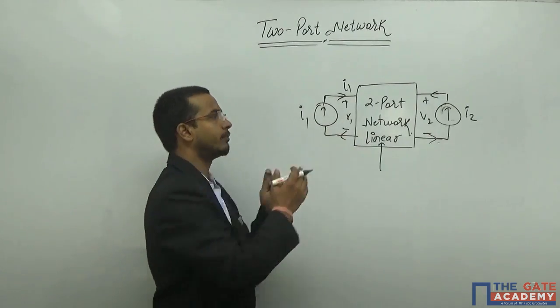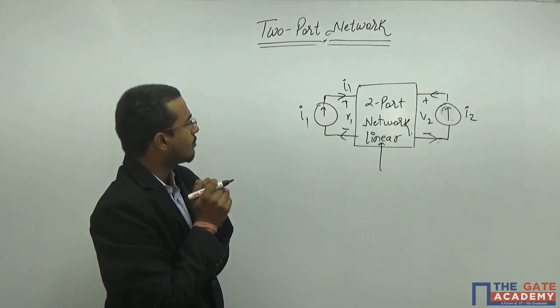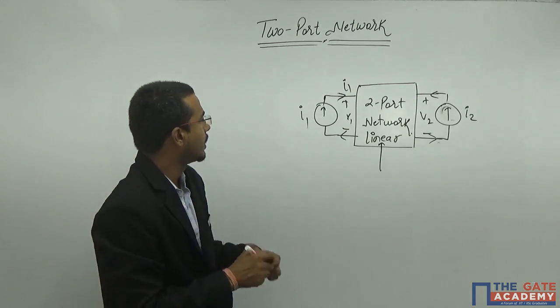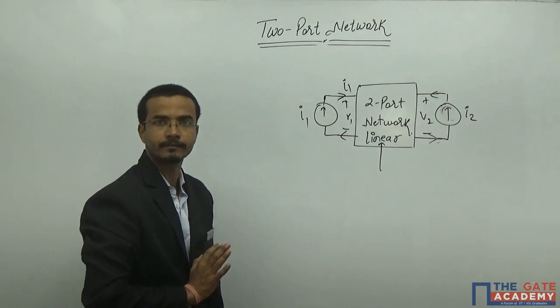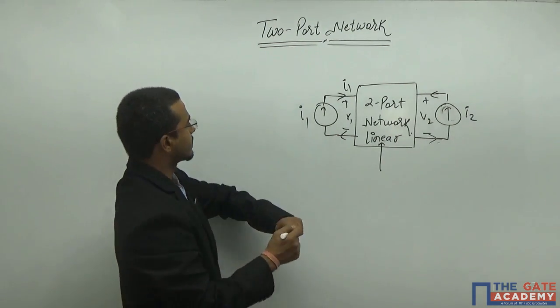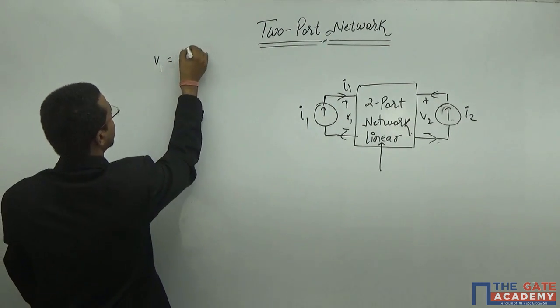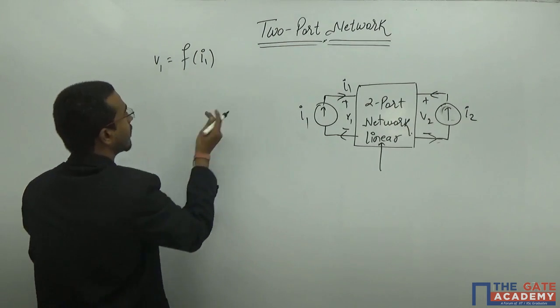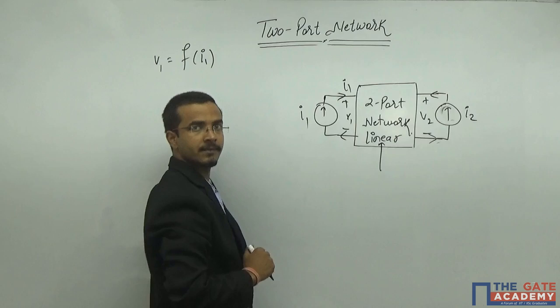Just try to apply the homogeneity principle here. If you apply the homogeneity principle, then what will you do? If this particular source acts, you will deactivate this other source. Okay, that means this V1 will be a function of I1. Whatever function you get, it has to be a function of I1.